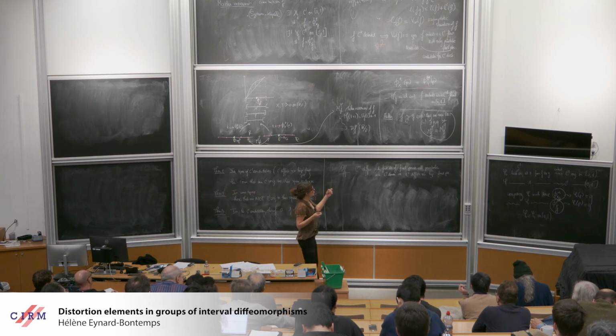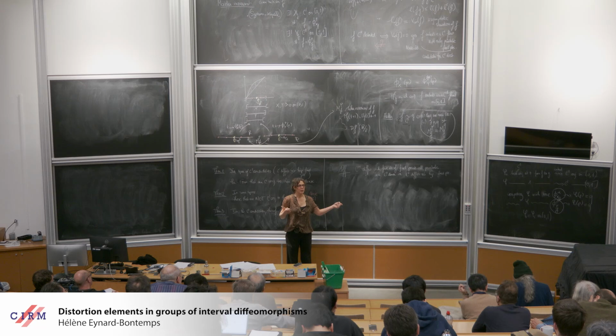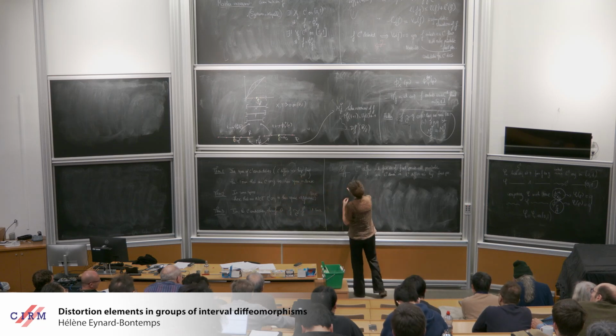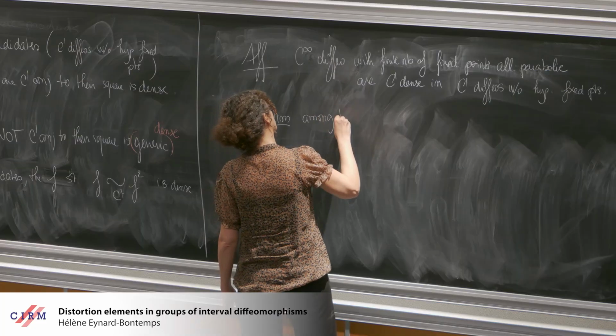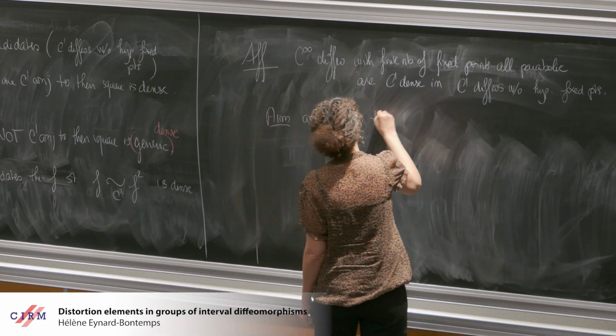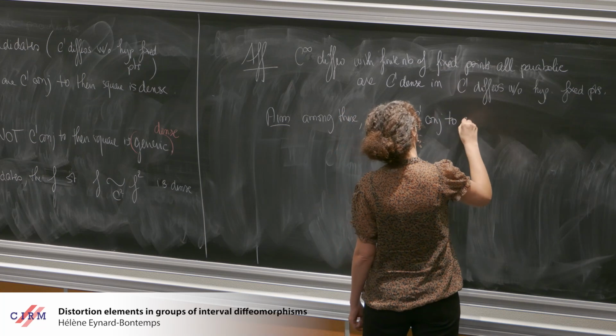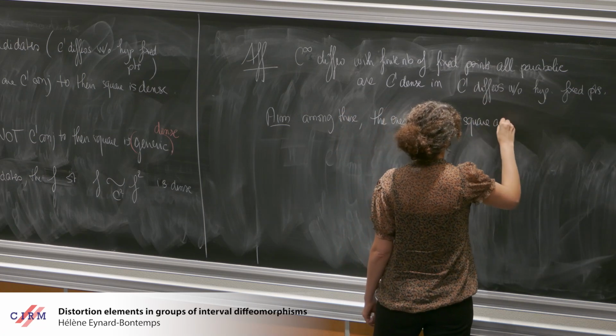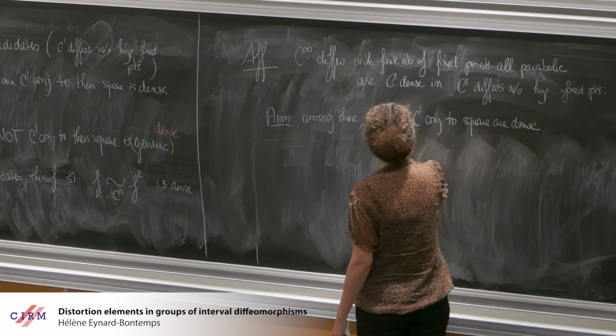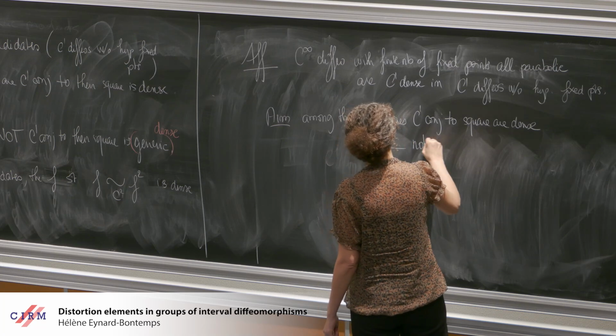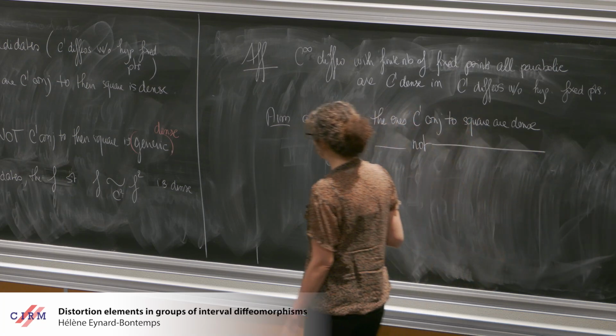And then I want to show that among these ones, those that are conjugated to their square are dense, and those that are not conjugated to their square are also dense.